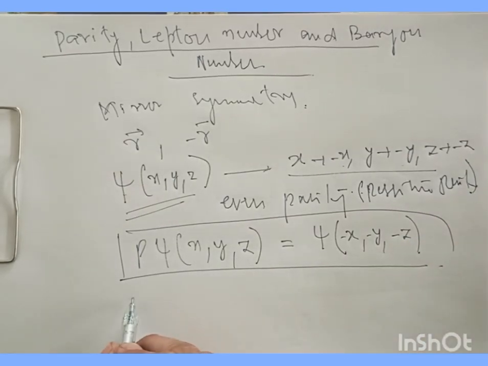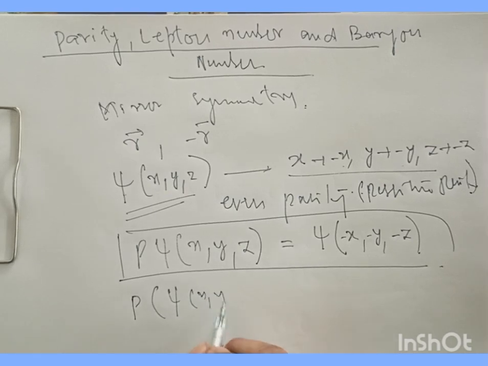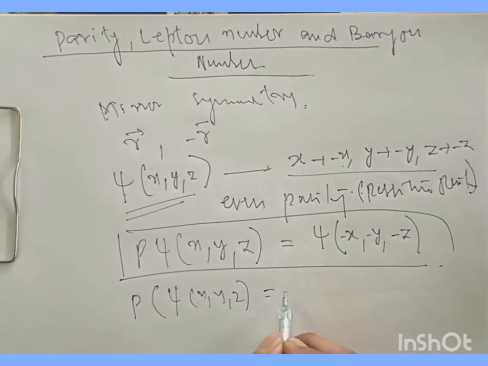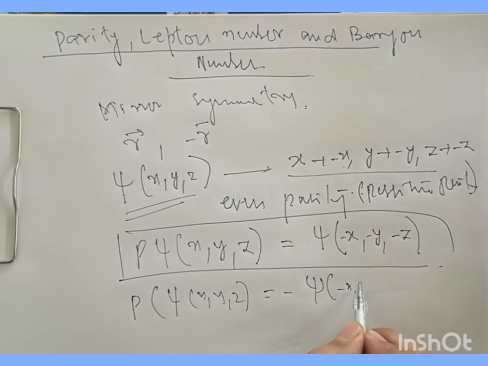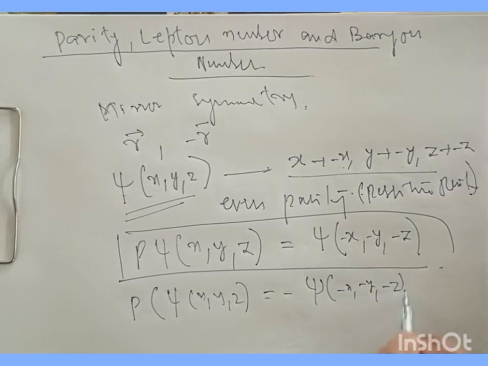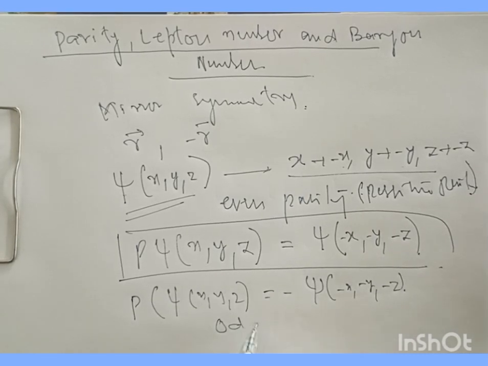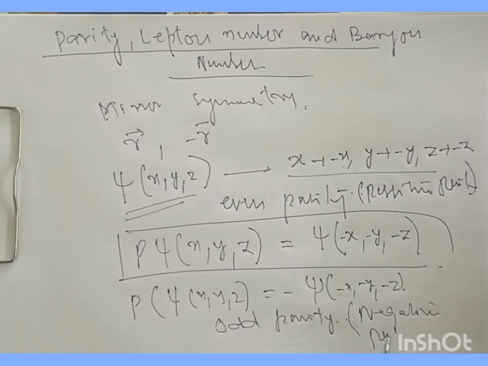And if, under a similar transformation for a wave function of x, y, and z, I have minus psi of minus x, minus y, and minus z, then I have odd parity. Or we may also call it negative parity. That should be the point.